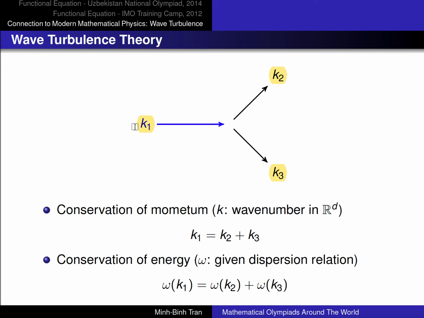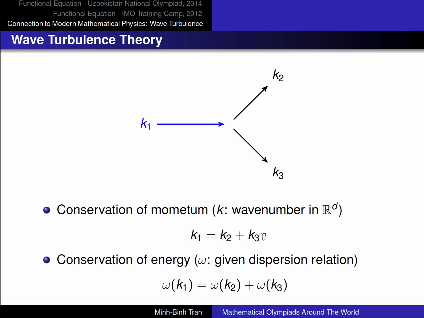If I denote k to be the wave number of the wave, then I have to have the conservation of momentum. So k1 has to be equal to k2 plus k3. This is the conservation of momentum.